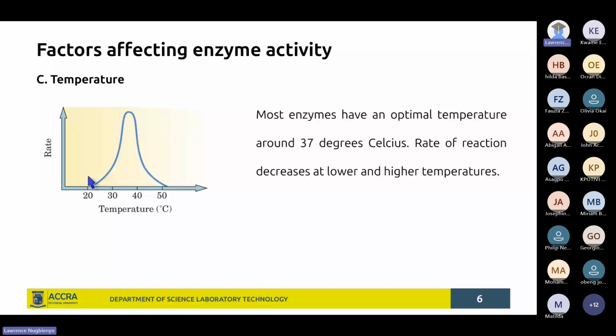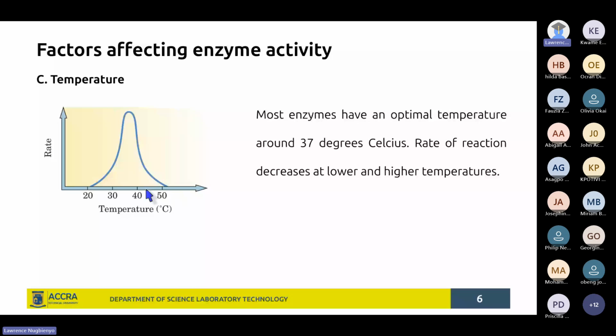But of course, you do have organisms that have an optimal temperature of around 37 degrees Celsius, like bacteria and fungi. But you do have some thermophilic bacteria that live in conditions of much, much higher temperatures, like temperatures over 100 degrees Celsius.